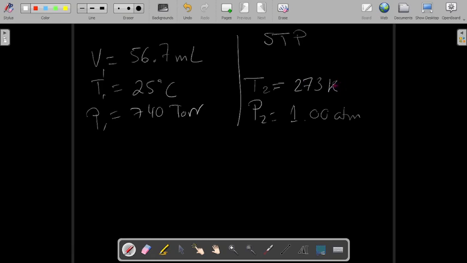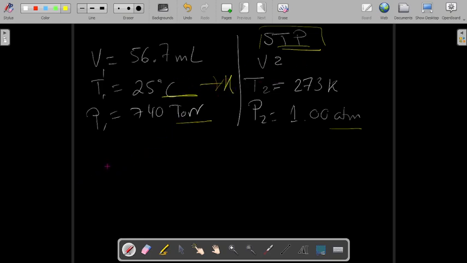Okay, great. And they want to know the new volume. So basically, you're going to be using the same formula you've been using all along. You just needed to remember what STP stood for. Then you needed to notice that we have atmospheres and torr, and that's not going to work. That here we have Celsius, which we're going to have to translate into Kelvin, and apply everything and put it in.